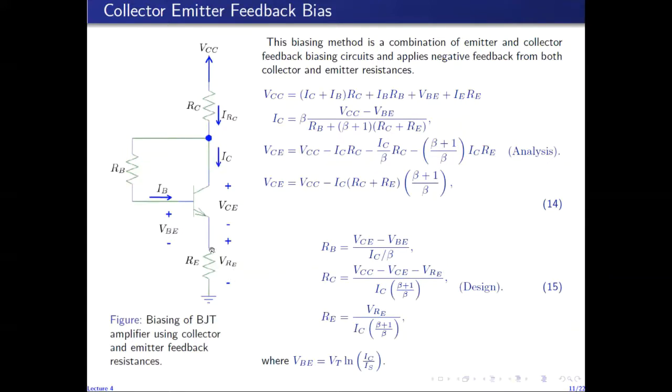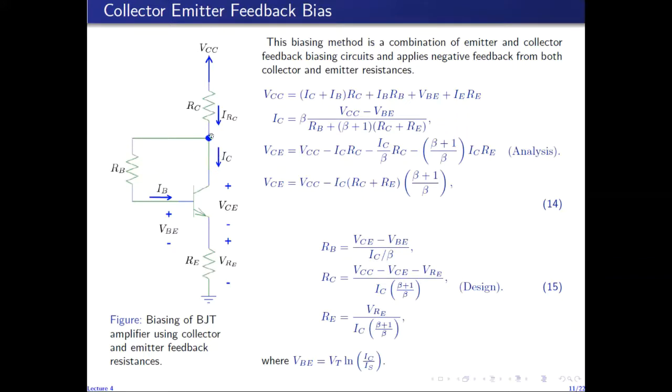RE again is given by the voltage across the emitter resistance RE divided by the emitter current, and RB is found again by finding the voltage at this node, finding the voltage at this node, subtracting the two voltages, and dividing by IB, which is given by IC over beta.